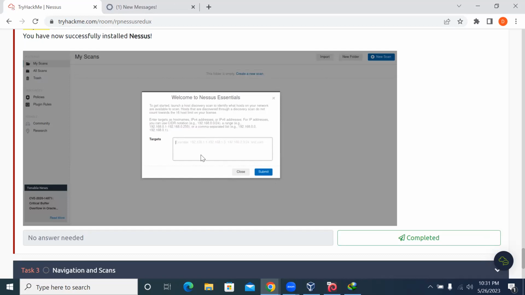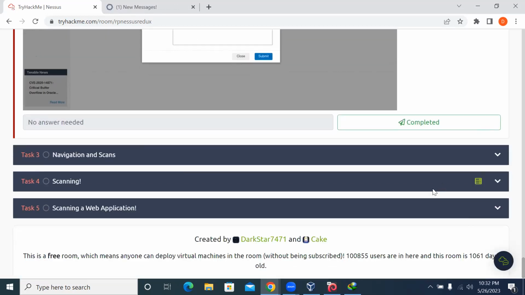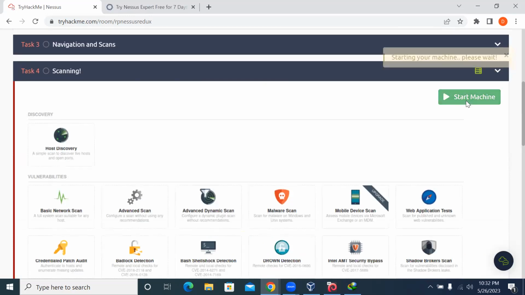I want us to go ahead and try this on our own. By next class, I should definitely get this running on my PC, and then we can practice it. If you want to practice it here, we can still do that. Let's say we go ahead and start the machine.